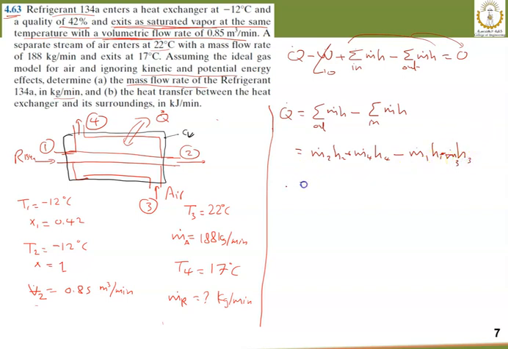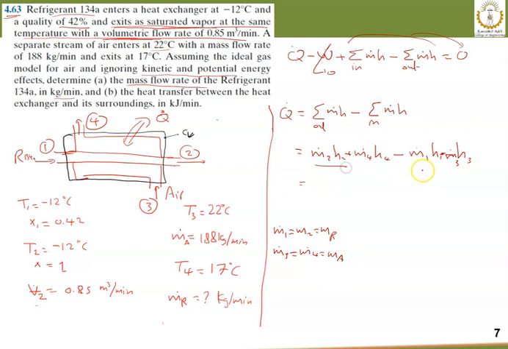Of course, m dot 1 equals m dot 2 equals m dot R, and m dot 3 equals m dot 4 equals m dot air.